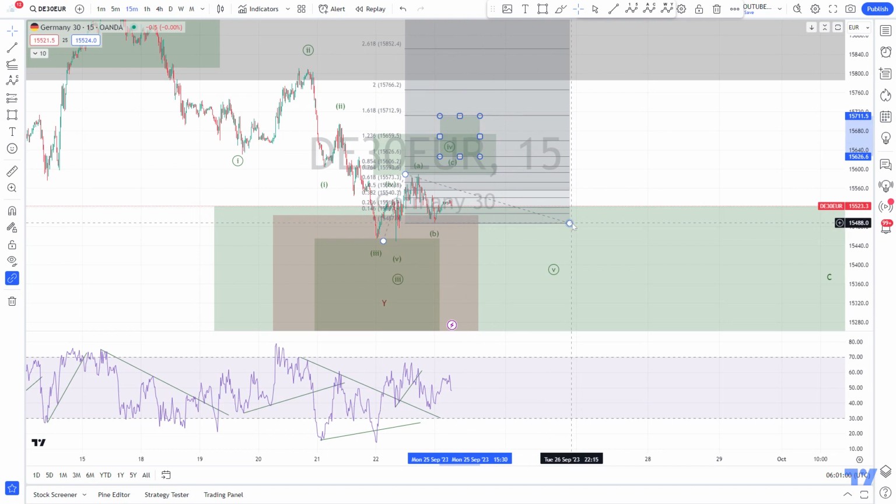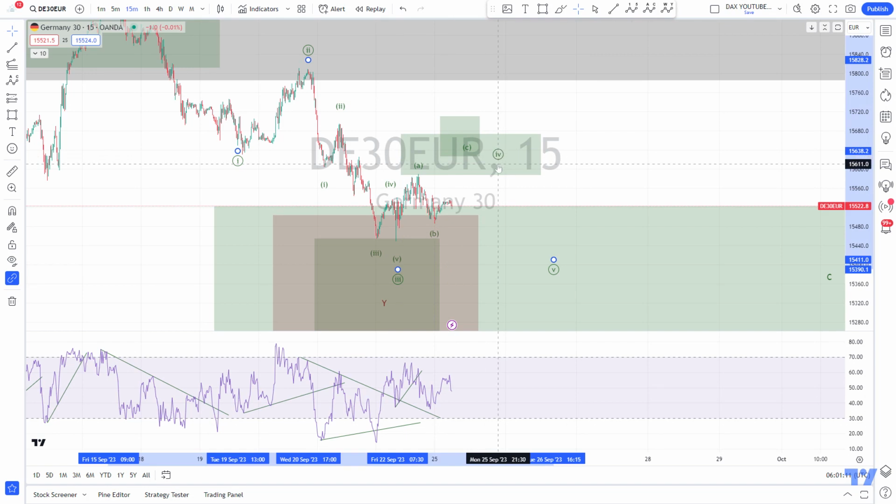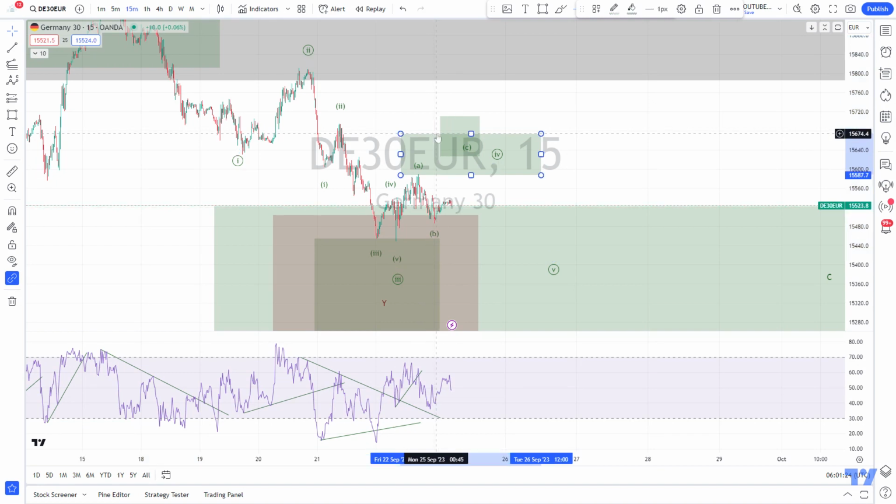Now, of course, in order to be a wave 4, we cannot go out of this area, because then it's not a wave 4 anymore. So this is your wave C area, but it is limited till here, the upper boundary of the wave 4 area.